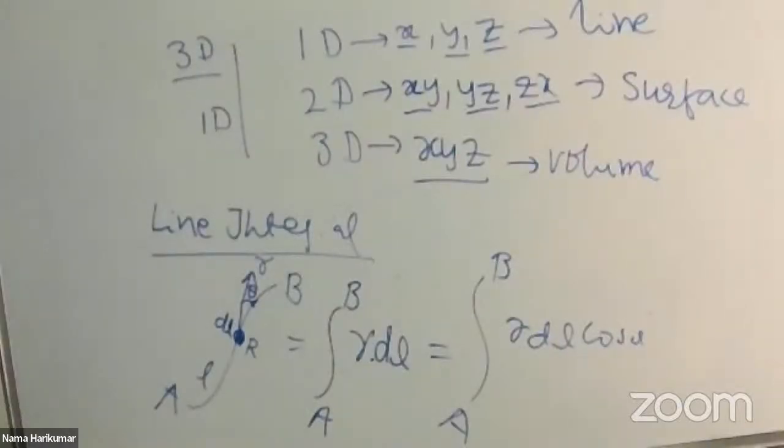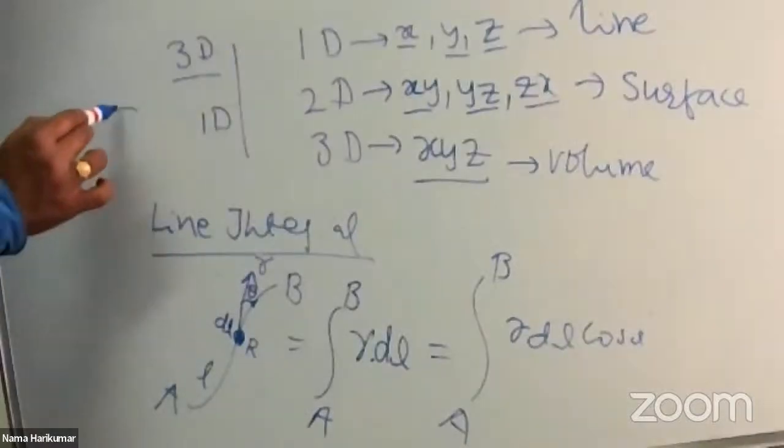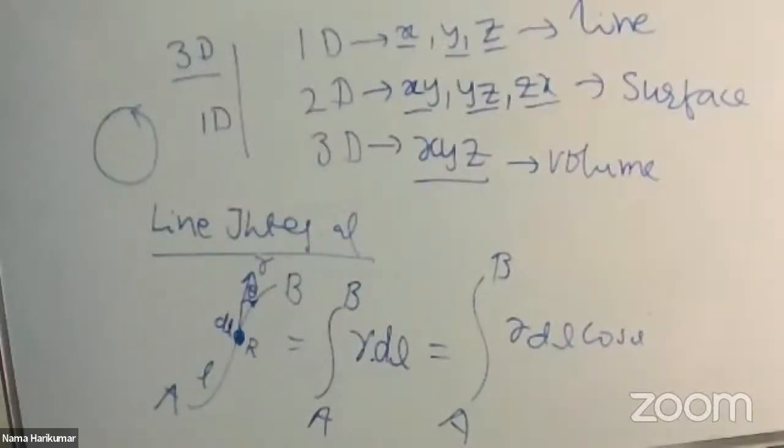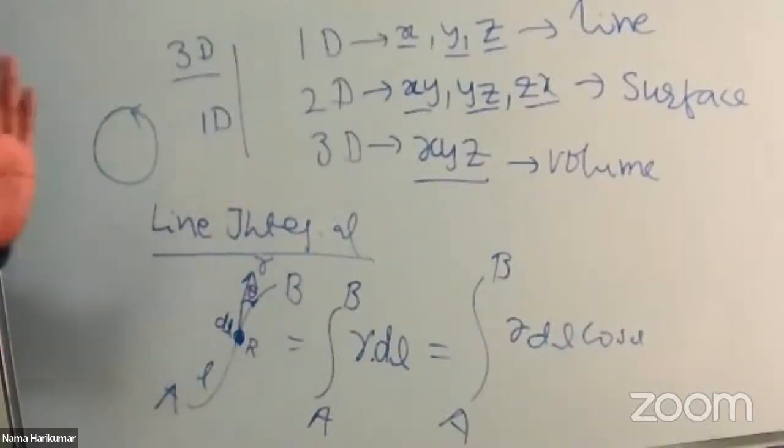If you have magnitude and direction, any one system, that is nothing but a vector. For example, in Newton's free body diagram, this is also a vector, but in the tangential direction only it will act. Vector means we have magnitude and direction.